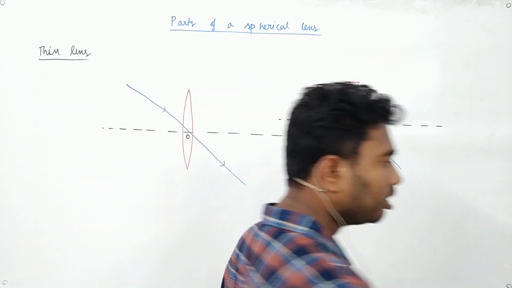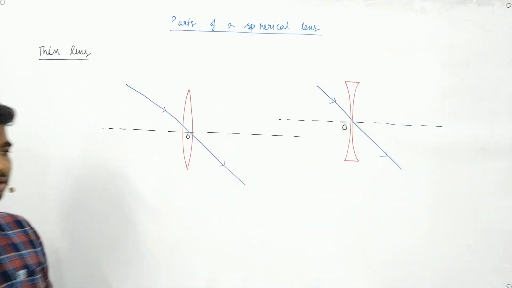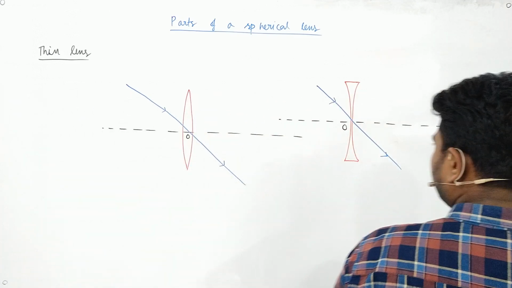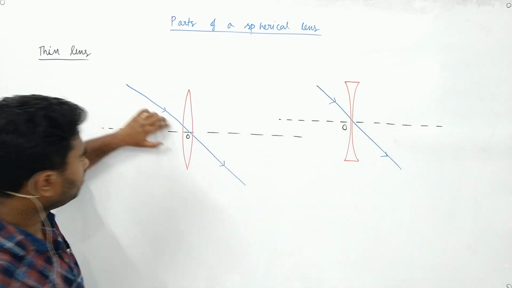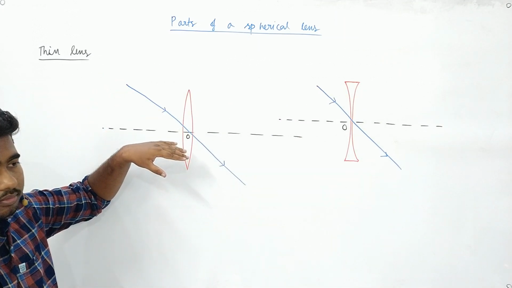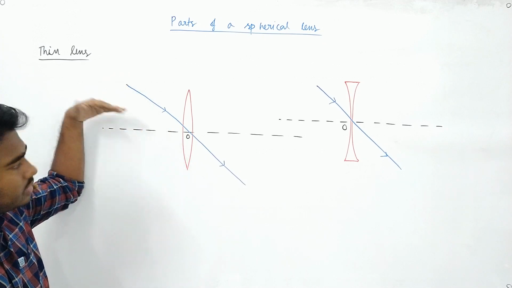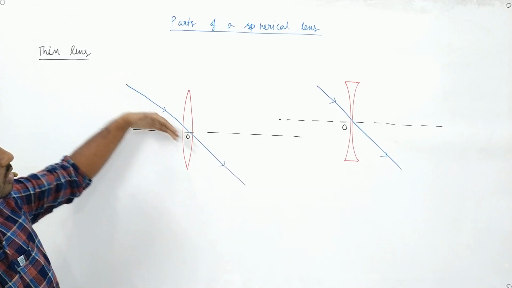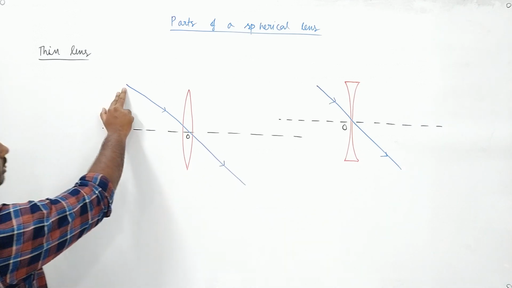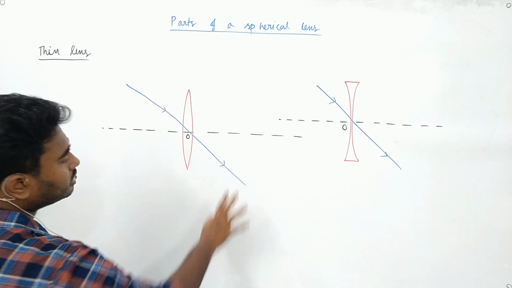Okay. Tell me again, repeat the concept again. See, optical center is a point. See, a light ray is coming towards this point, right? Is the light ray bending? No, sir. It is coming straight and it is going away straight, right? This light ray is coming straight and this light ray is going away straight.